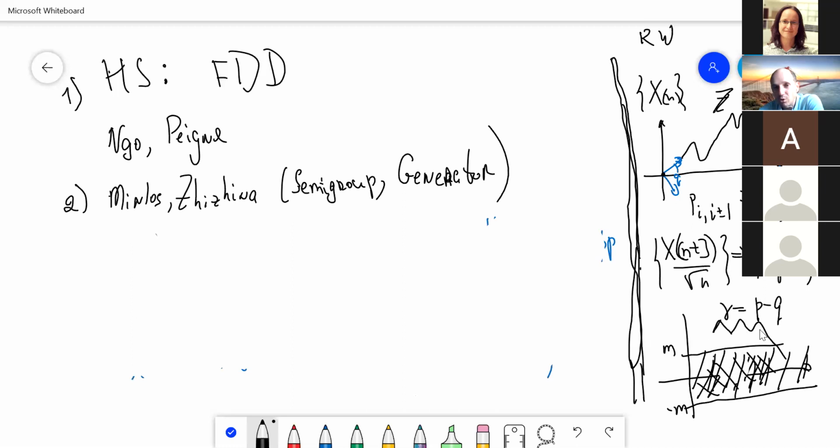And for random walks, it is not so straightforward to see that generators converge to the generator of this skew Brownian motion.